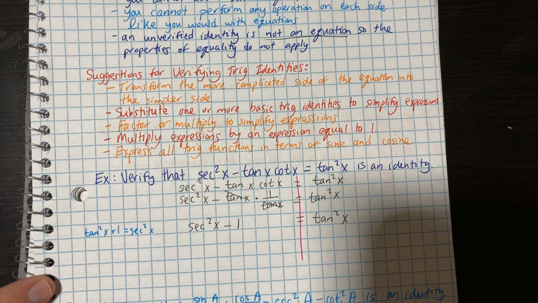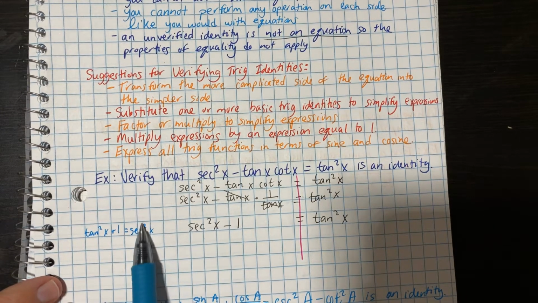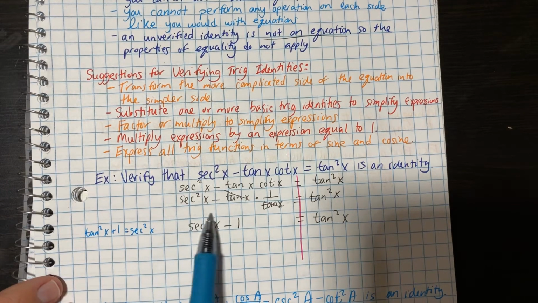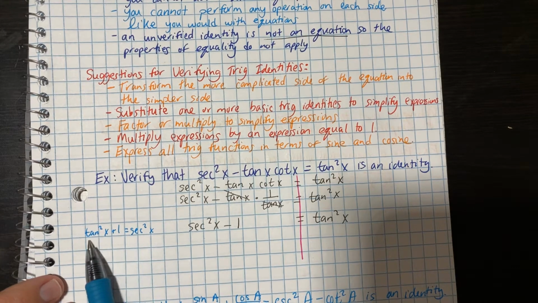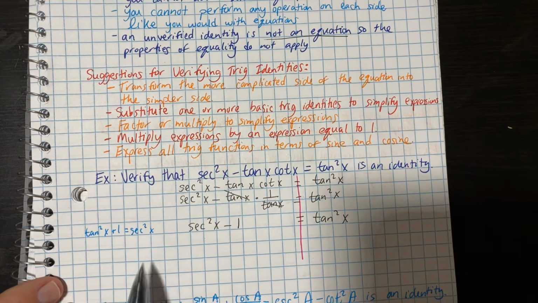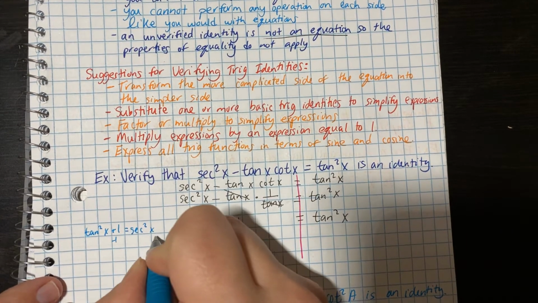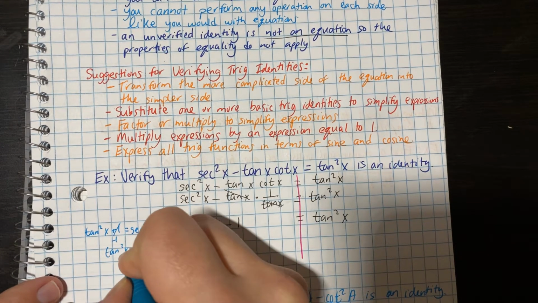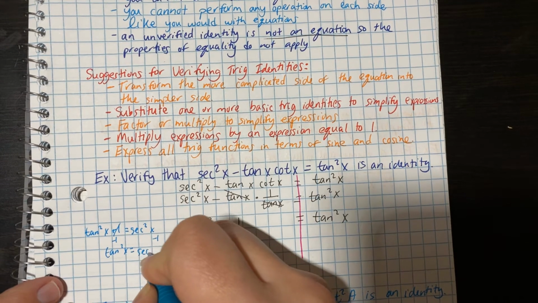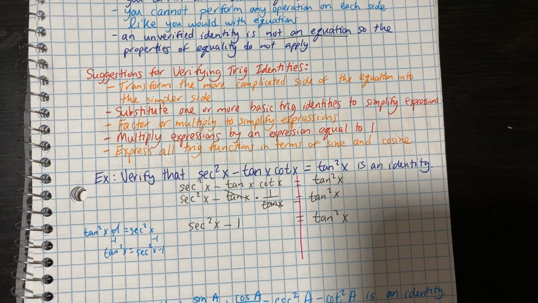Oh, sweet. So for secant squared of x, I could put in tan squared plus 1, or I could manipulate this and move this 1 and say that tan squared of x equals secant squared x minus 1. Okay.